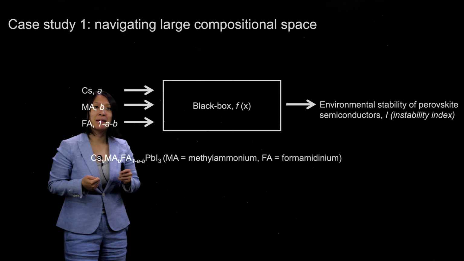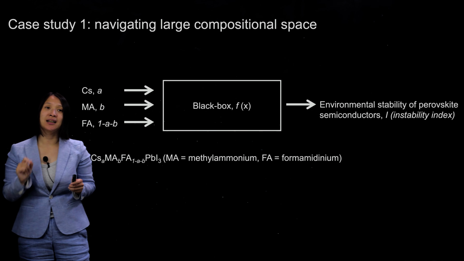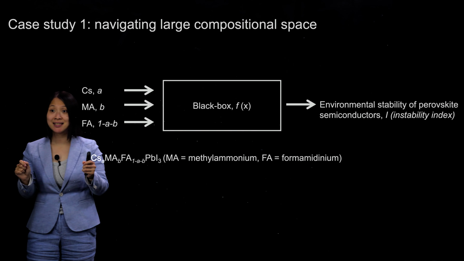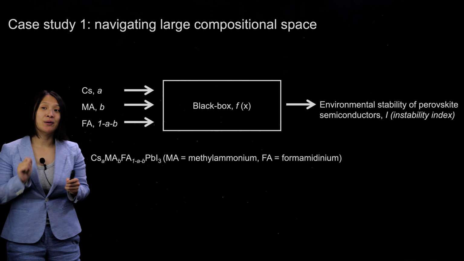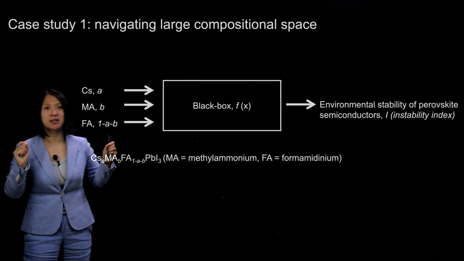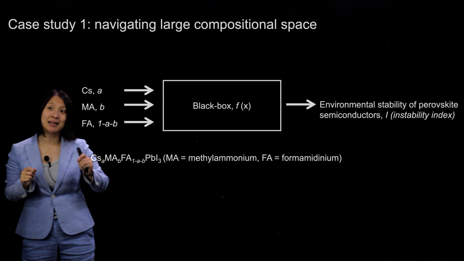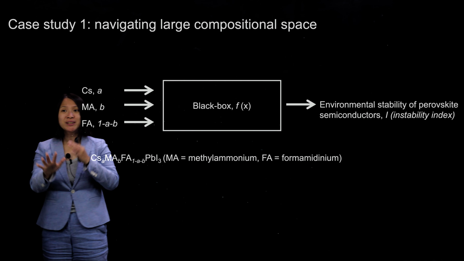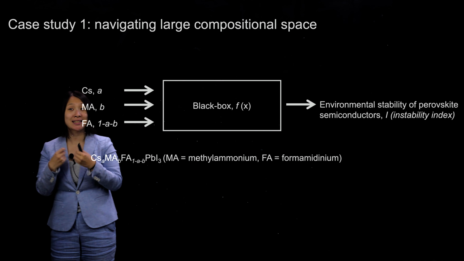With that in mind, the first case study is that we can use Bayesian optimization in material discovery. So in this specific case, we are navigating a large compositional space. Here, the example shown on the screen is a multi-cation perovskite semiconductor.